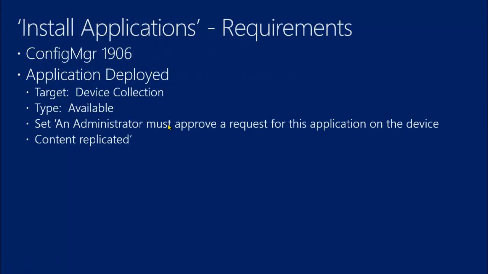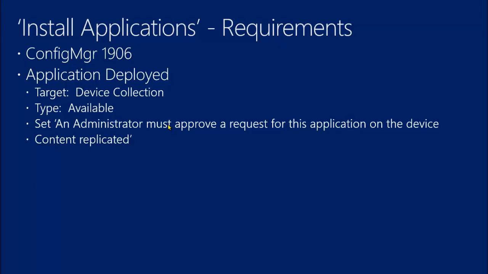In terms of requirements, there are a few. First, you need to have Config Manager 1906, not only the site server, but the client as well. You do need an application at least deployed in the manner to work with this particular mechanism of deploying applications. What that means is your target for your deployment needs to be a device collection.